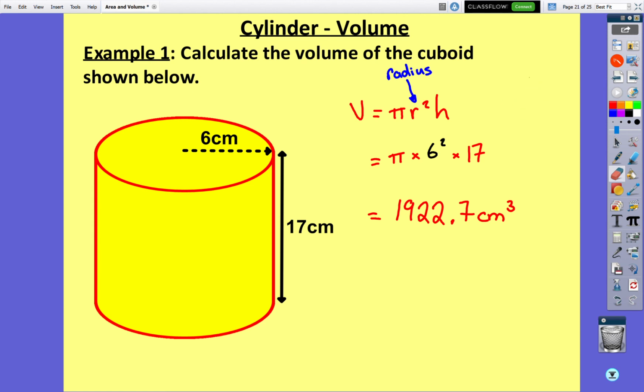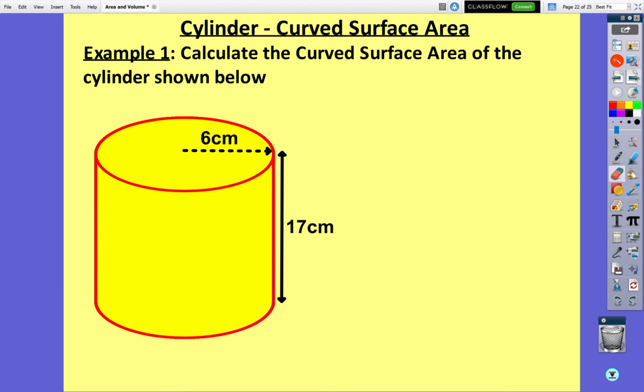Next, I know it's the same question, but it's asking for the curved surface area. Now this is a wee dodgy one. We looked at surface area before for the cuboid. You imagine a shoebox, you've got your lid, bottom, sides are the same, front and back are the same, fairly straightforward.